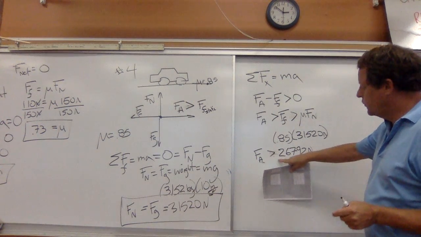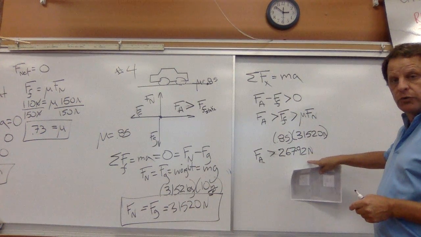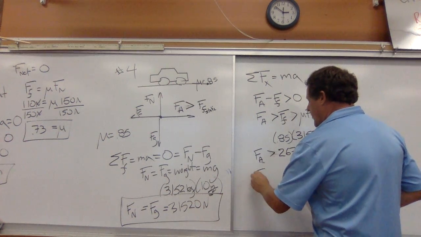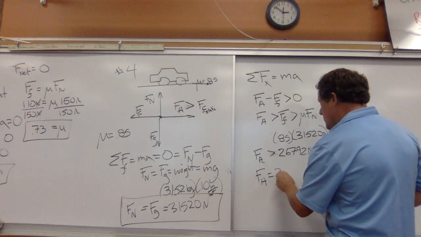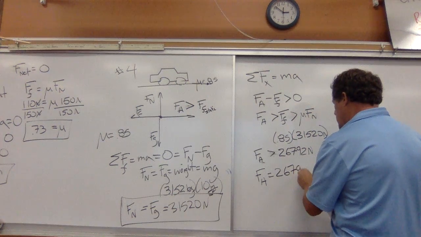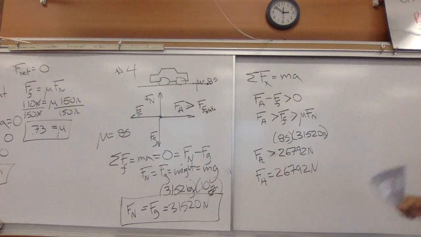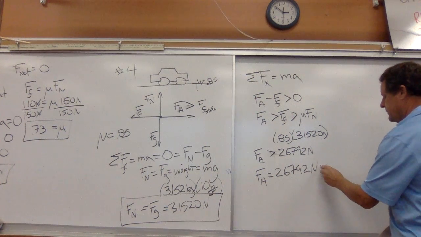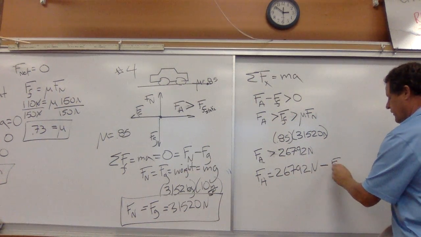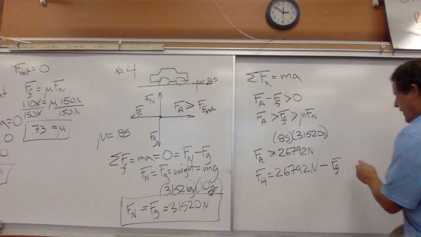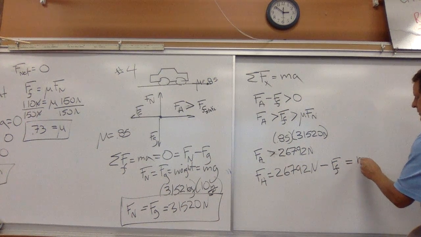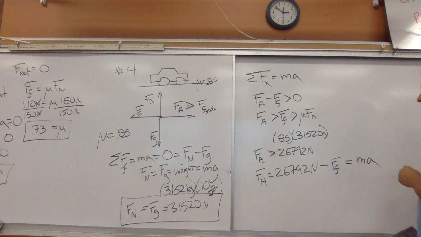So now we're going to assume here for this part 2 that our applied force is going to equal 26,792, okay? And now we're going to subtract our force of friction, and that is going to equal ma, and we are looking for that acceleration, all right?